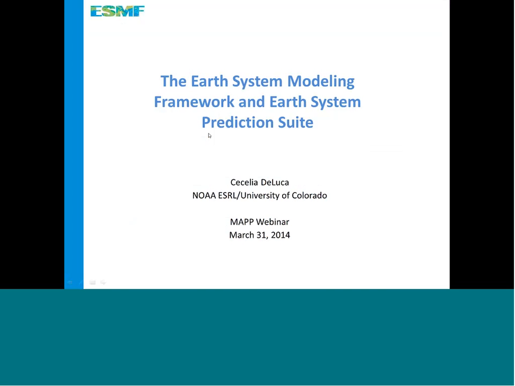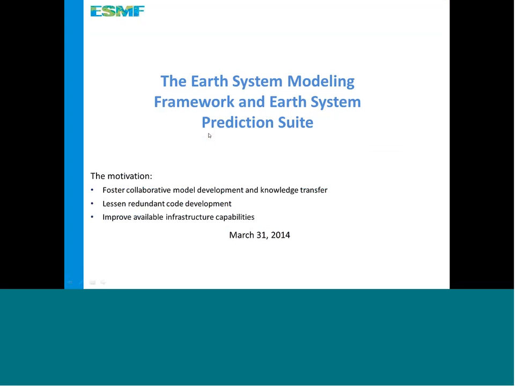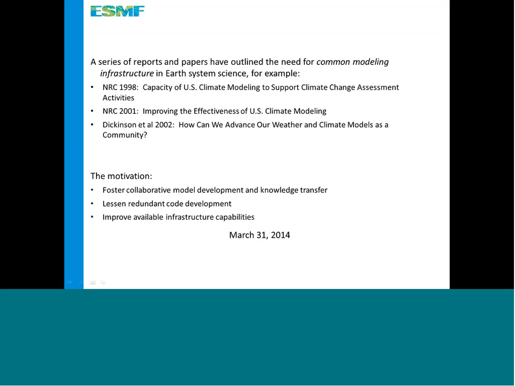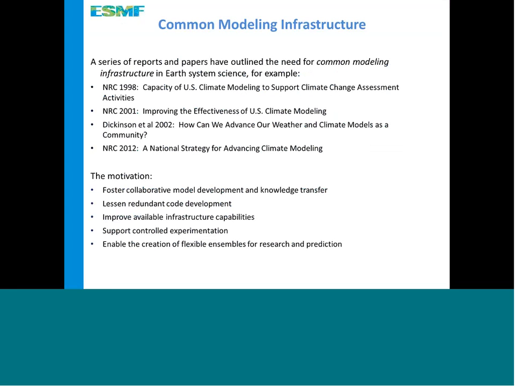Okay, great. Thank you. So I'm Cecilia DeLuca from NOAA and the University of Colorado, and Balaji, you gave a great entry point. As Balaji mentioned, the 2012 NRC report called for common modeling infrastructure, but the calls for common modeling infrastructure went all the way back to '98 and before that, for people who recognized that there's a need to collaborate on model development.